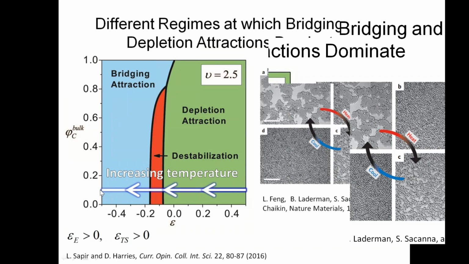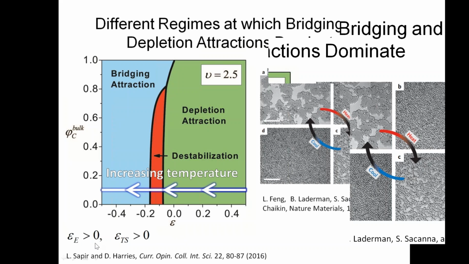So for example, let's take a single concentration of cosolute, this white line, and determine the enthalpic and entropic contributions to epsilon. These contributions will directly determine the temperature dependence of epsilon.